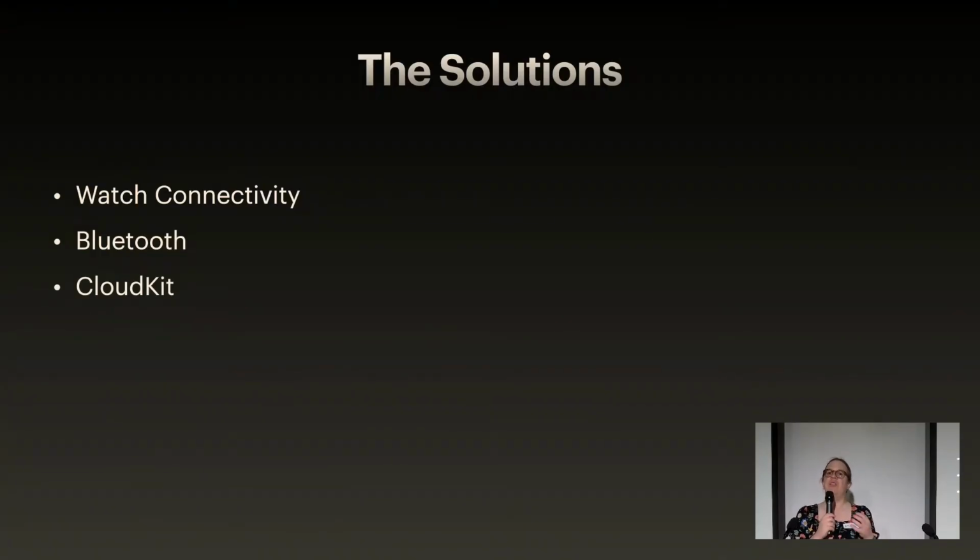It's all at the mercy of watchOS and iOS as to when it gets sent. You've got Bluetooth, and both your phone and your watch can be set up to act as Bluetooth sensors and receivers, and you can get yourself into a fair mess when you try to do that.